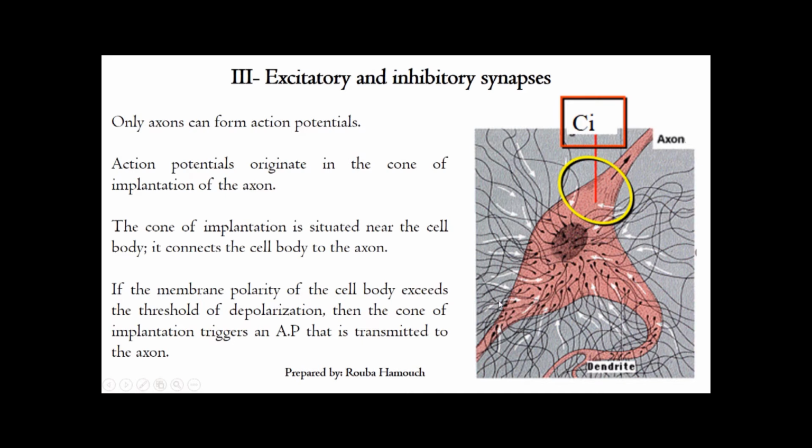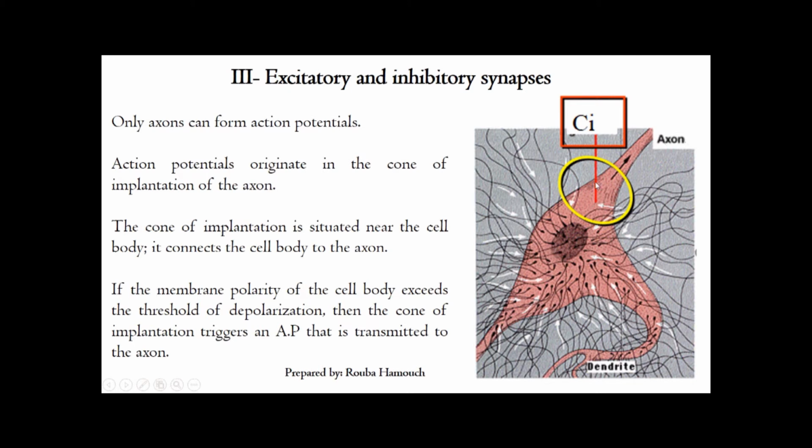Now, following an effective stimulation, if the membrane polarity of the cell body exceeds the threshold of depolarization, the cone of implantation triggers an action potential that will be transmitted along the axon. So only axons can form action potentials, and not the dendrites nor the cell body.